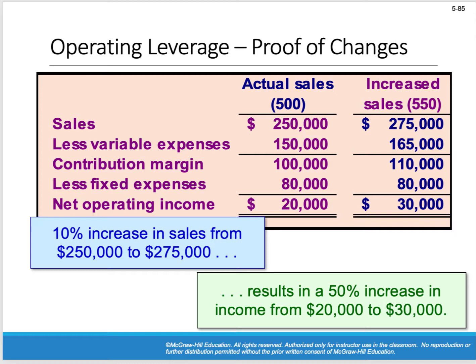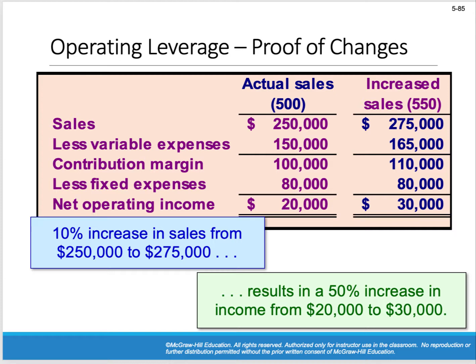Remember, operating leverage is the greatest at sales levels near the break-even point, and it decreases as sales and profits rise. So for sales that are at or near the break-even point, our operating leverage increases, okay?